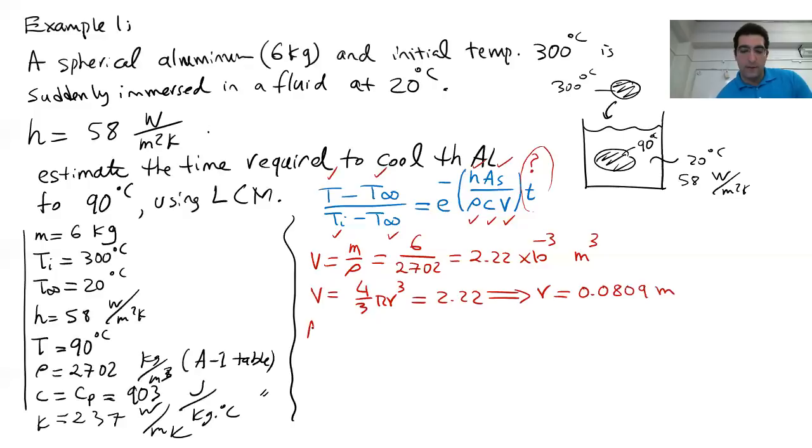Now, once I have the radius, I can find the surface area for a sphere. Area is 4 pi r squared, so with this radius, your surface area would be 0.0822 meters squared.